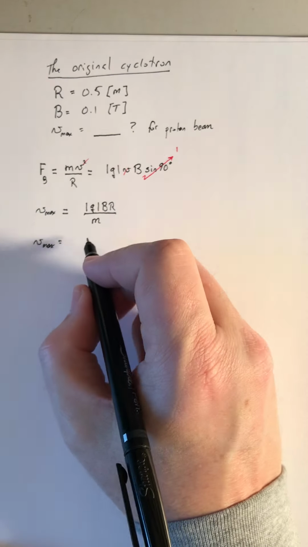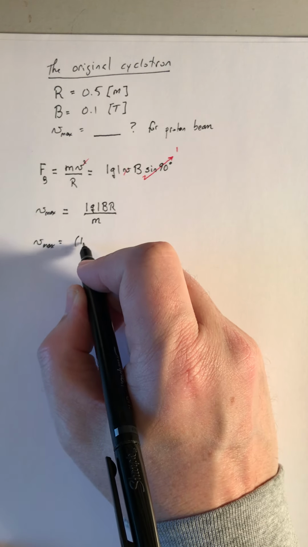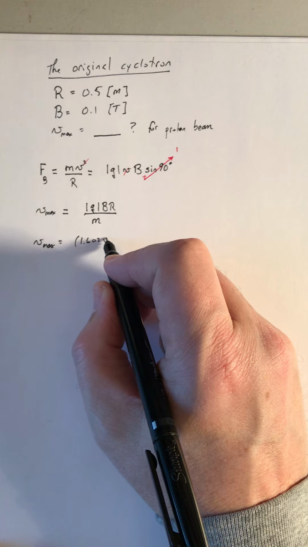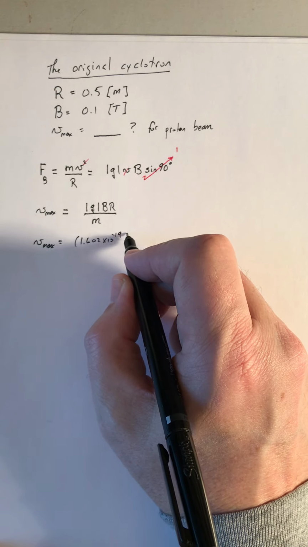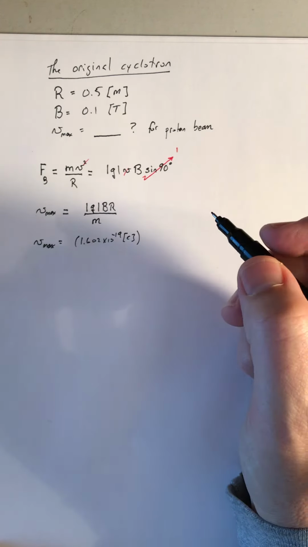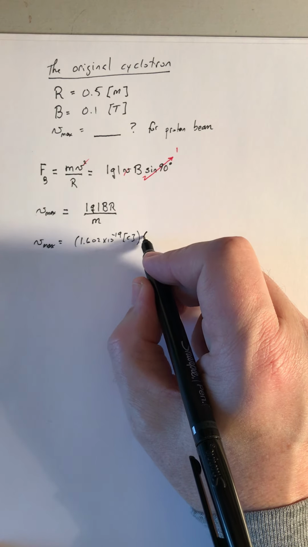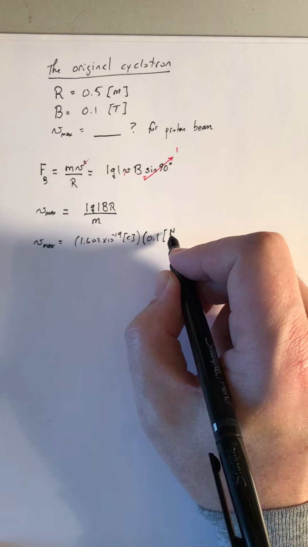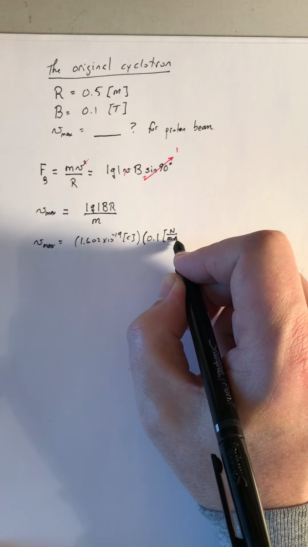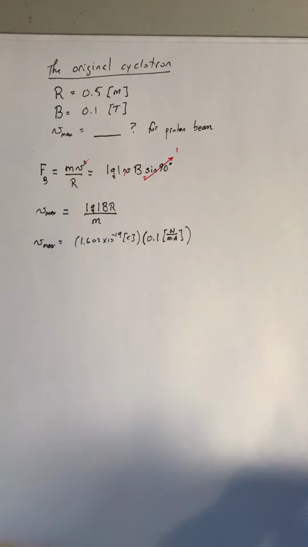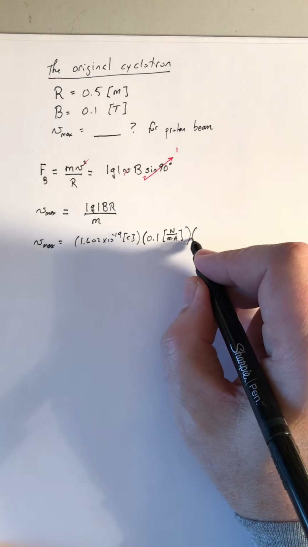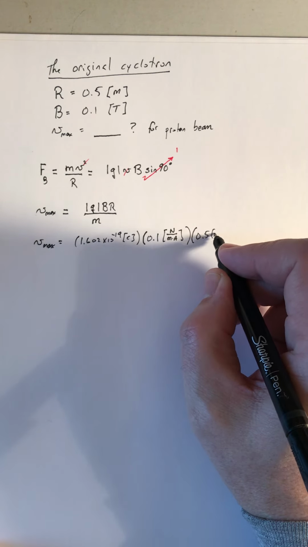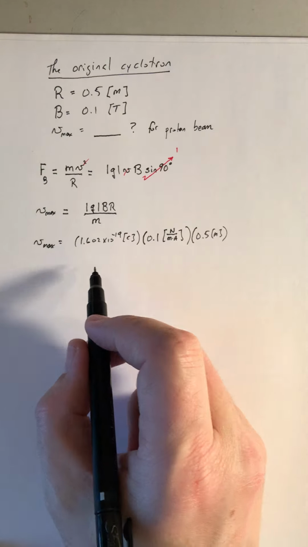v max. So the charge of a proton is the elementary charge, 1.602 times 10 to the minus 19 coulombs. Magnetic field strength, 1/10 of a Tesla, so as a Newton per meter per amp. Maximum radius, 0.5 meters.